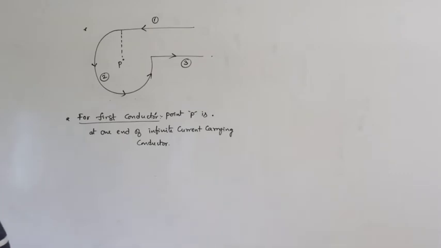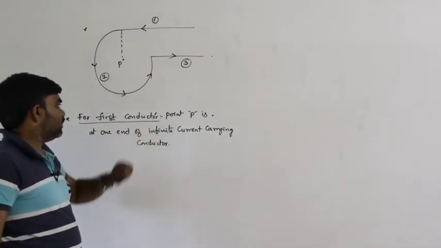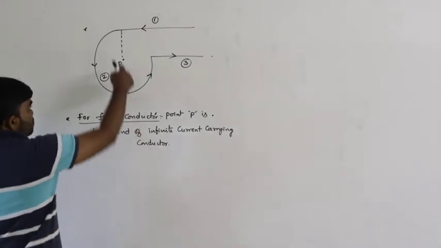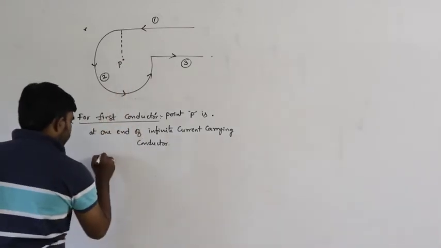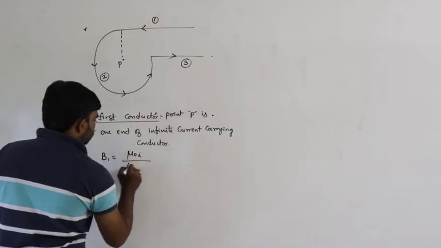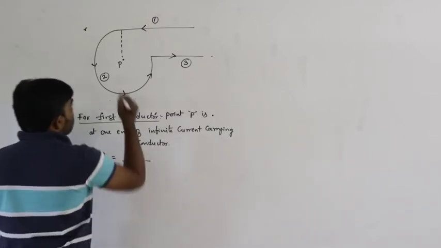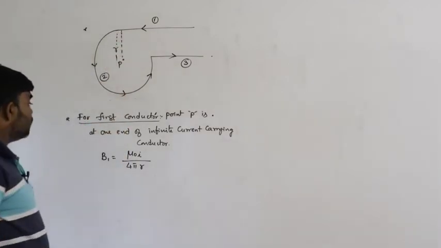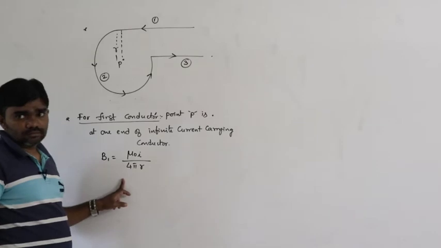So at the point P, for an infinite current carrying conductor, the magnetic field is mu naught I by 4 pi d. Here let us say R, since it is a circular path of radius R. Mu naught I by 4 pi R.